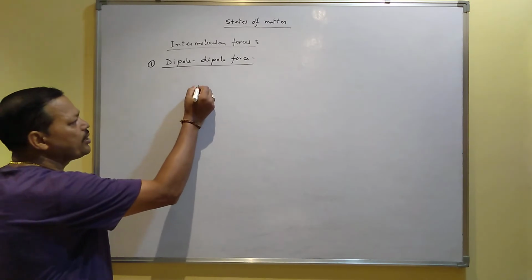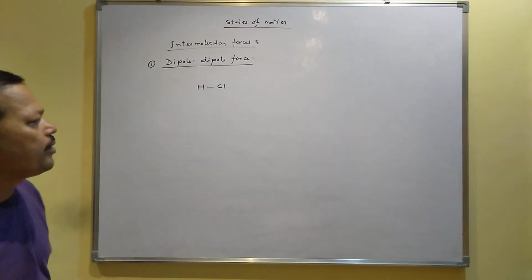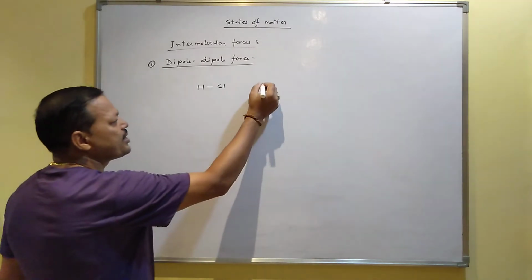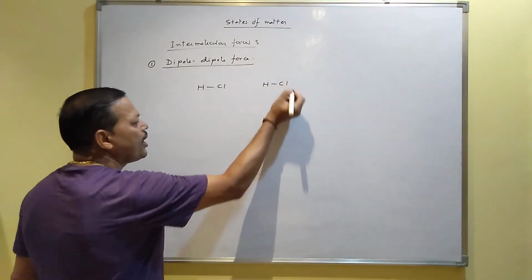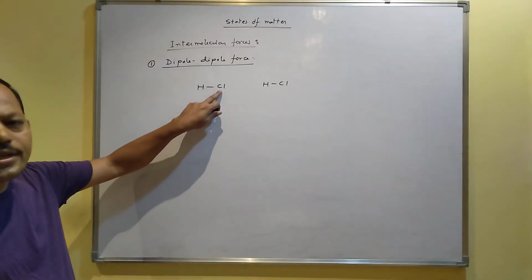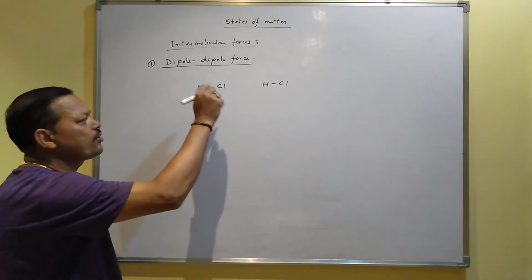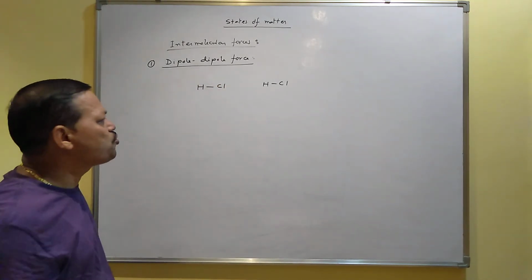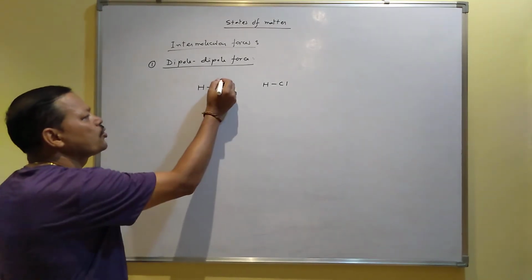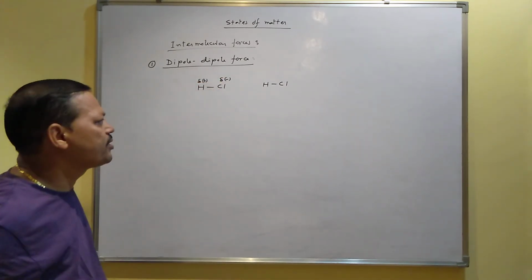This is one molecule of HCl, hydrogen chloride, and this is another molecule of HCl, hydrogen chloride. As you know, chlorine is more electronegative than hydrogen, and due to more electronegativity, chlorine will attract the bonded electrons towards itself, and that is why chlorine will be partially negative, hydrogen will be partially positive.